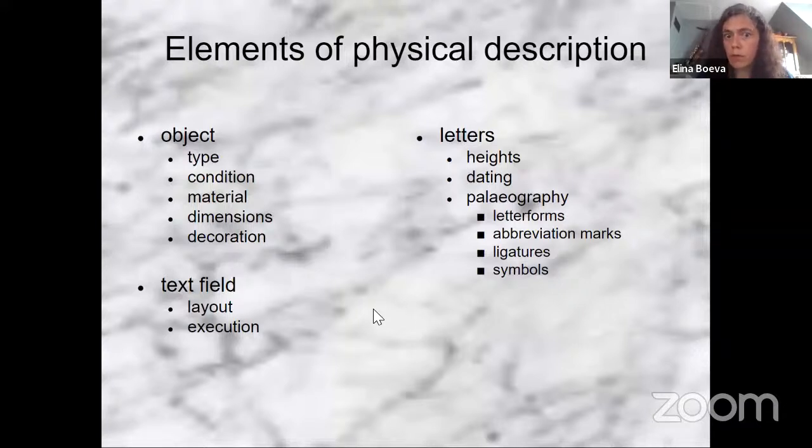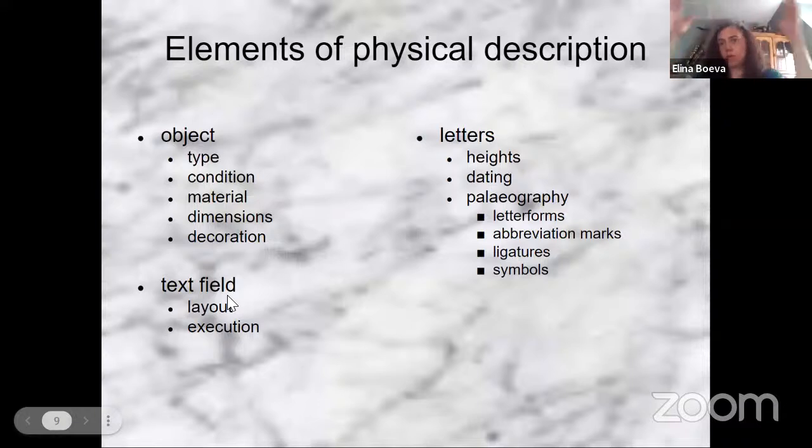Again, different types of decision. The text field would contain a layout description: where exactly on your monument the inscription stands, what the dimensions of the inscription field are, and the execution.